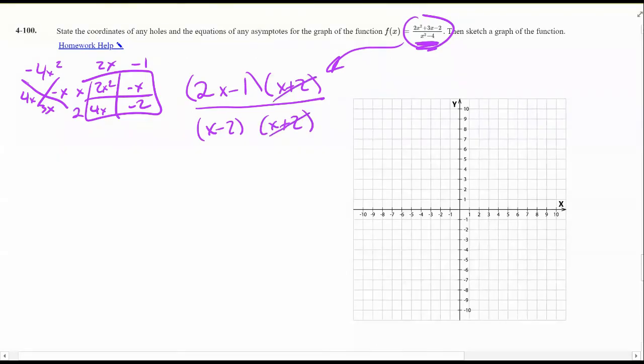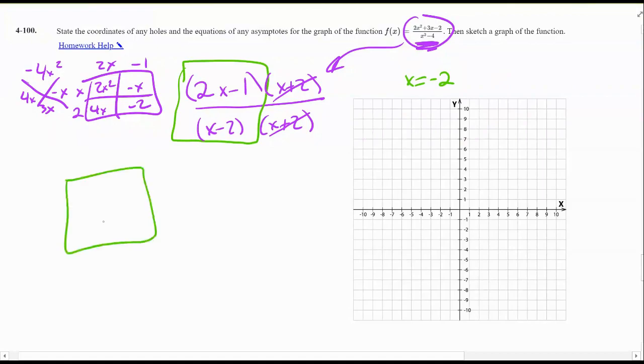I can cancel these out, which tells me I'm going to have a hole at the x value of x equals negative 2. So I'll deal with that in just a second, but when I'm going through this, if I would like, I can then do division to make this look like transformation form.